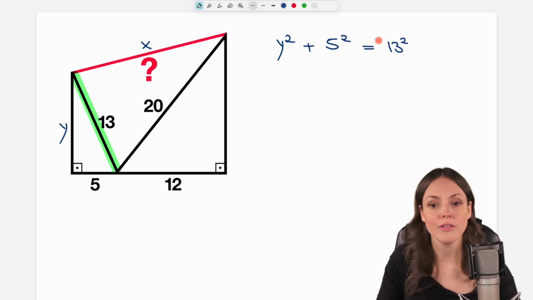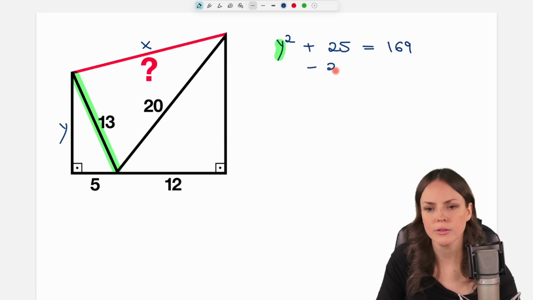Now we can solve this equation for y. If we calculate this first, 5 squared equals 25, and 13 squared equals 169. And to solve for y, maybe we first get rid of the 25 here. So let's subtract 25 on both sides of the equation.